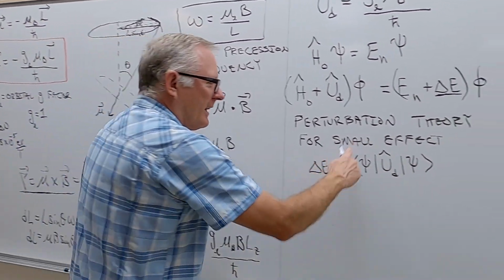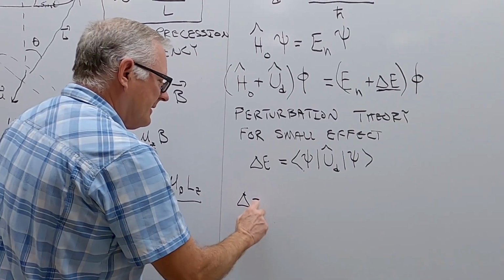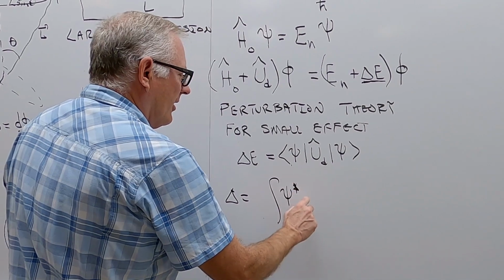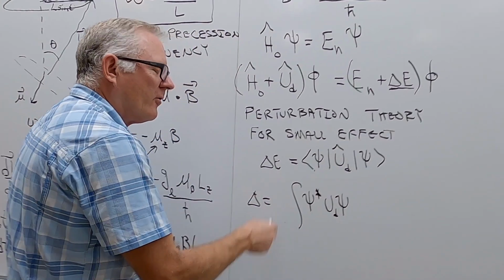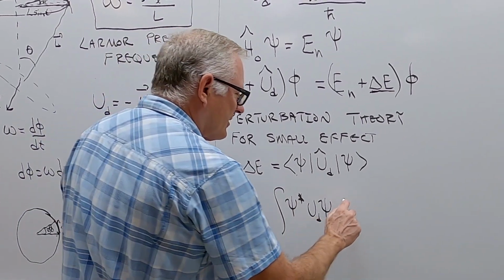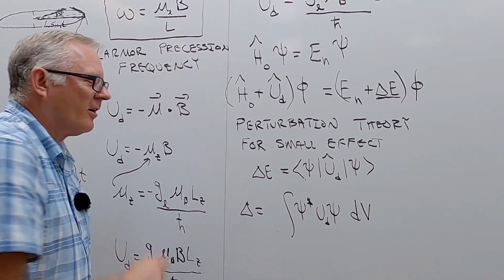Remember, when we do it like this, it's really an integral. So what we mean is an integral of psi star U_D psi, and we're integrating over r's and thetas and phi's. So instead of writing three integrals, I'm just going to say dV for d volume. You're integrating over all three of them.